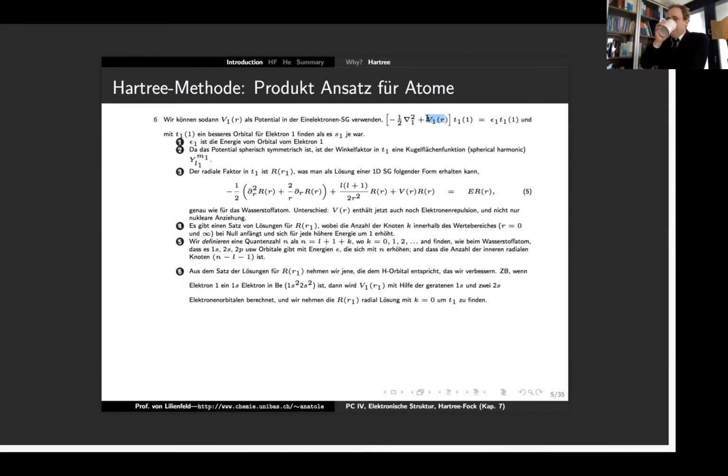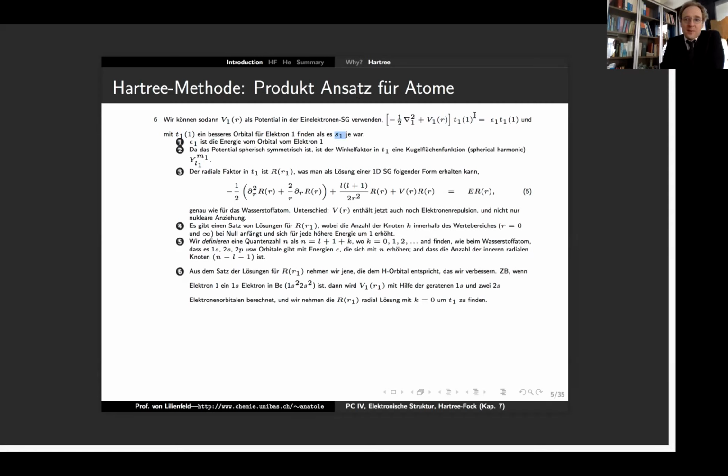And this potential is now supposed to work on an orbital for electron 1, where we presume this T1 is a better orbital for electron 1 than S1 used to be.